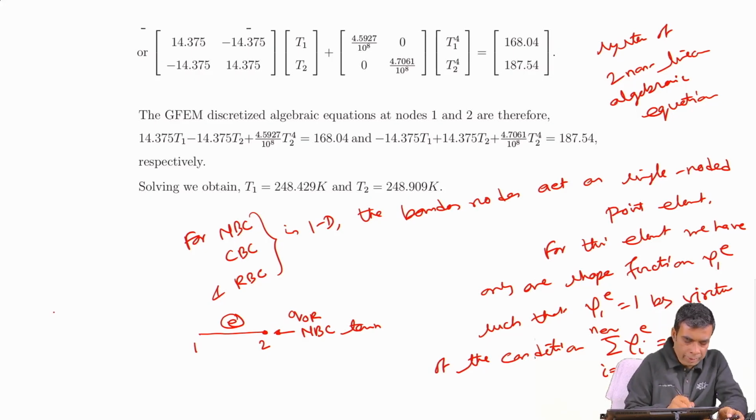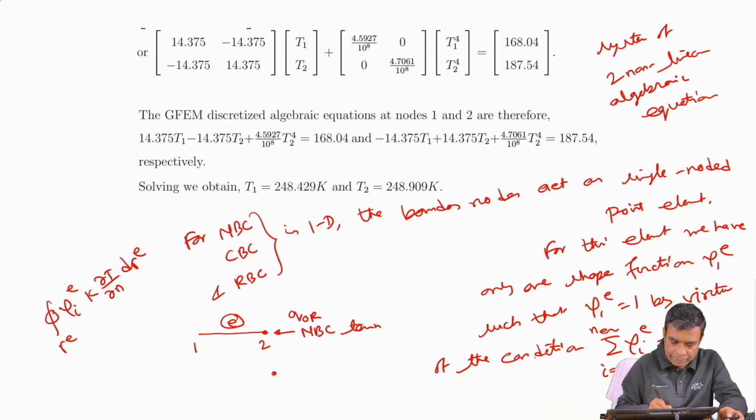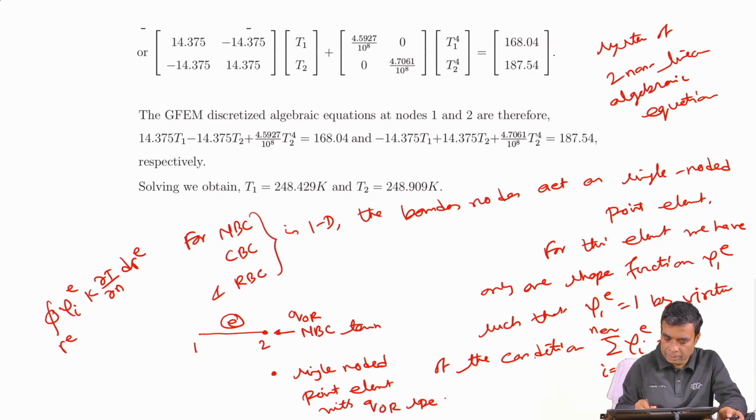Now the boundary condition term is the integral over gamma e of psi I e k del T del n d gamma e. Now we get a single noded point element with Q0 specified. For this particular case, at the right boundary, we have nx equals 1.